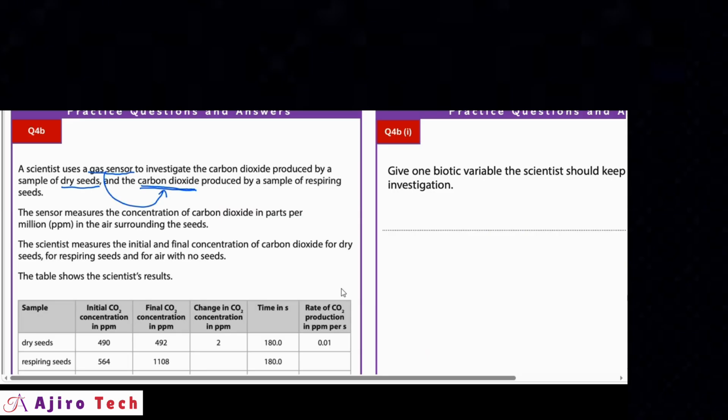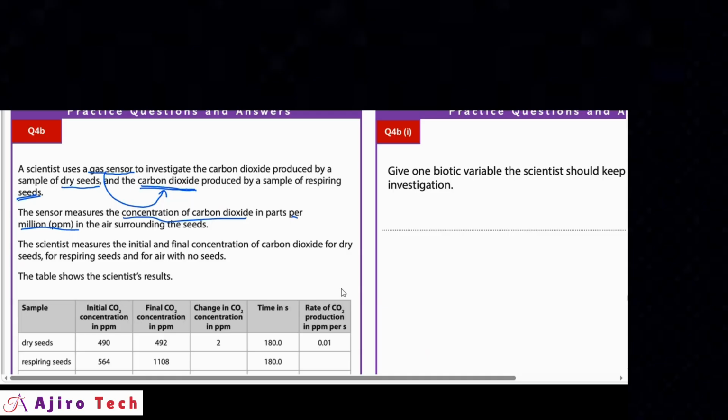The gas that the sensor detects is carbon dioxide produced by a sample of respiring seeds. The sensor measures the concentration of carbon dioxide in parts per million, that is the unit, in the air surrounding the seeds.